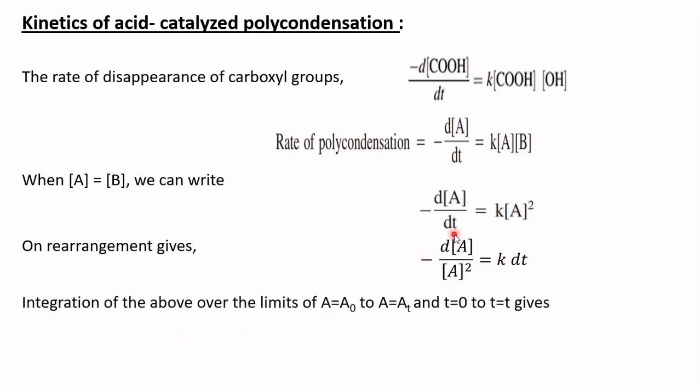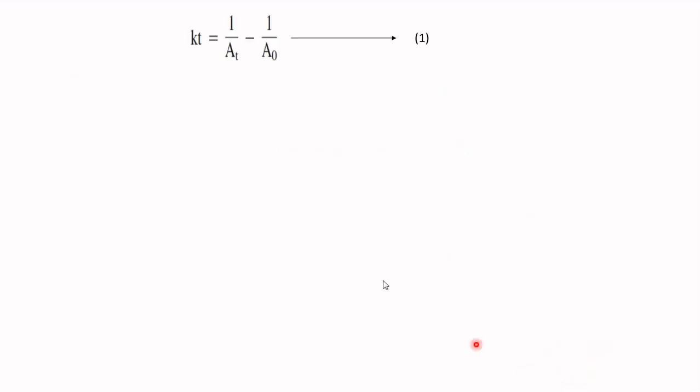Then you integrate over the limits A equal to A naught to A equal to AT. So you will get KT is equal to 1 over A plus an integration constant. Then you apply the limits: KT is equal to 1 divided by AT minus 1 divided by A naught. You call it equation number 1.